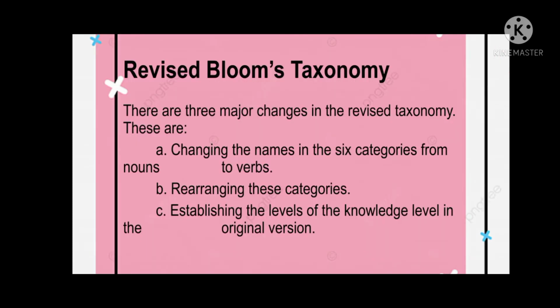The following are the three major changes in the revised taxonomy. These are changing the names in the six categories from nouns to verbs, rearranging these categories, and establishing the levels of the knowledge level in the original version. And as you can see in the table, this is the final look of the learning taxonomy.